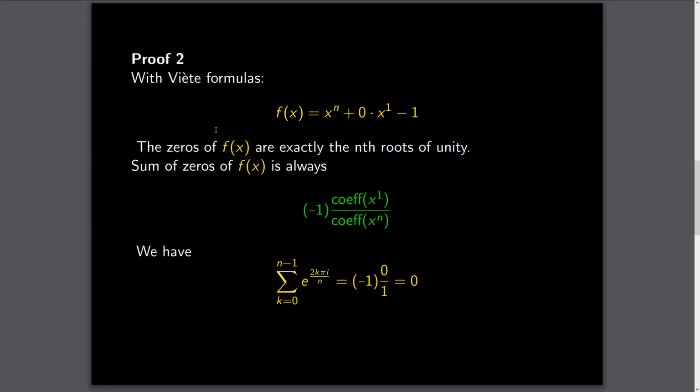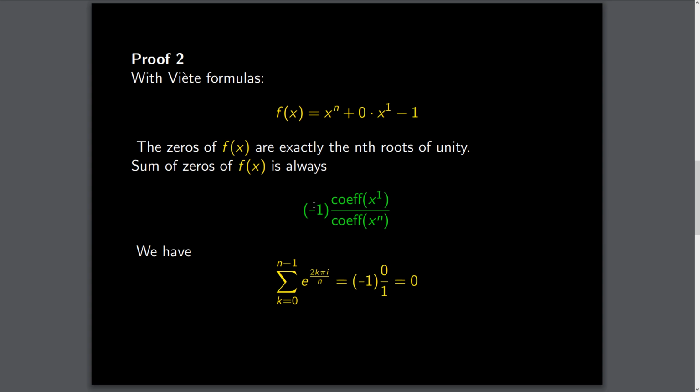With the utilization of Vieta formulas, you observe that the sum of zeros of f(x) is always going to be minus 1 multiplied by the coefficient belonging to x to the first power divided by the coefficient belonging to x to the n. That's how the Vieta formulas operate.